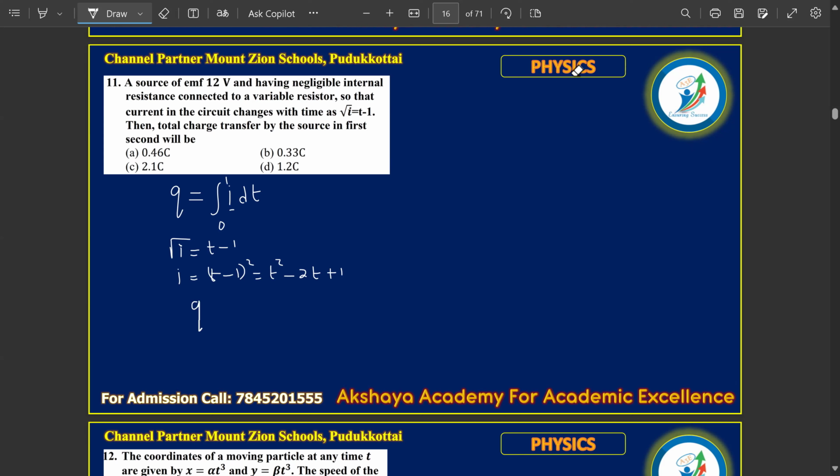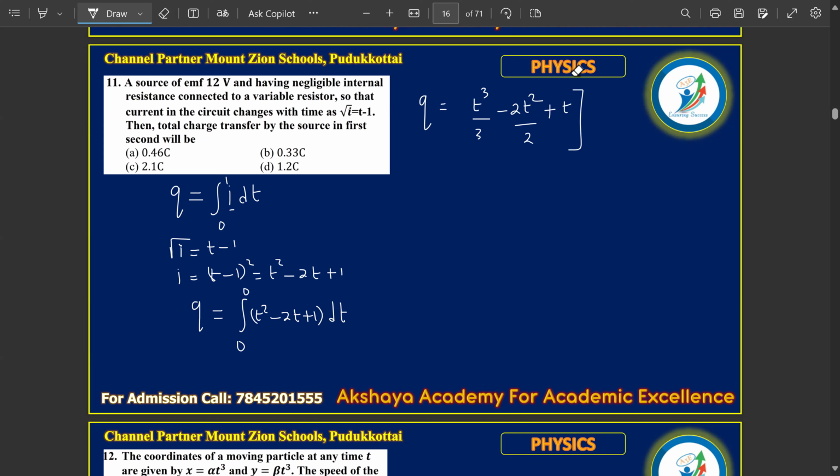When I substitute, Q is equal to the integral from 0 to 1 of (t square minus 2t plus 1) dt. When we integrate this, we get Q is equal to t cube divided by 3 minus 2t square by 2 plus t.